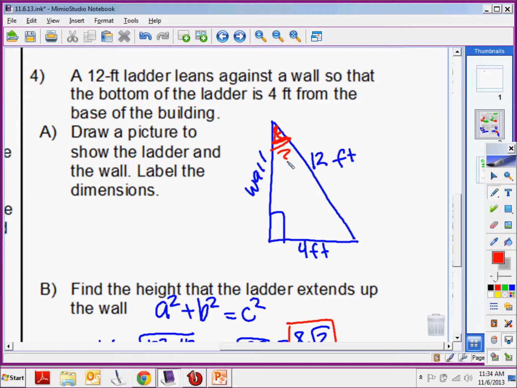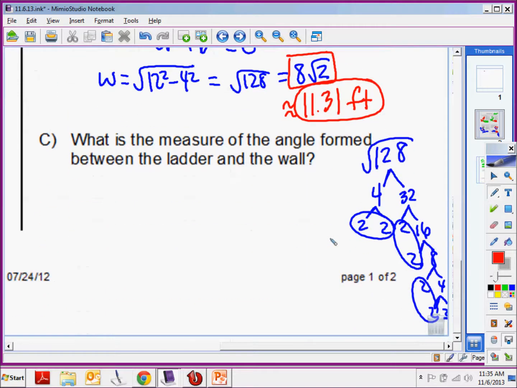When you are trying to find any measurement, you should use the exact values you have been given. Is the wall value we have an exact value? No. Unless we were using 8 square root of 2, then I'd say, yeah, go for it. But that is not the value we're using. We're using an approximate value of 11 and 31 hundredths, correct? So the only two exact values I have are 12 and 4. And what is their relationship? Opposite over hypotenuse. And what does that give me?